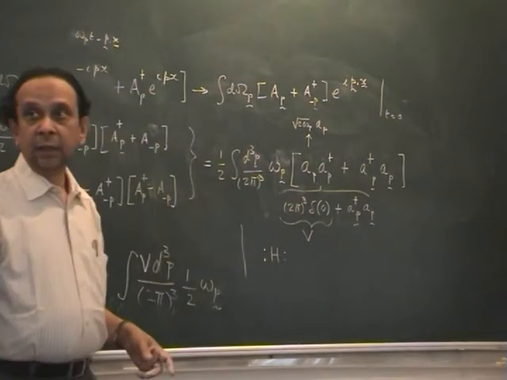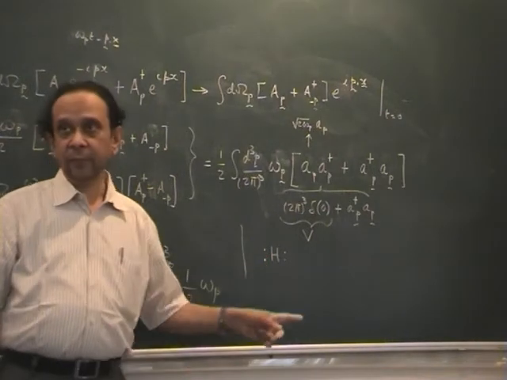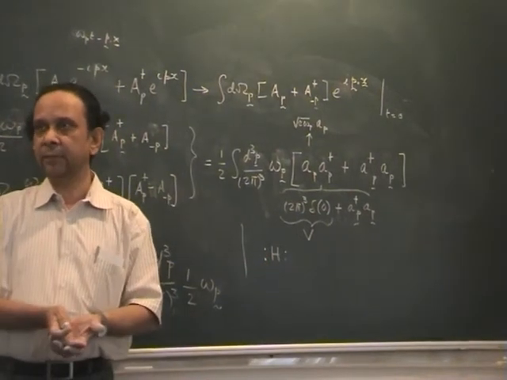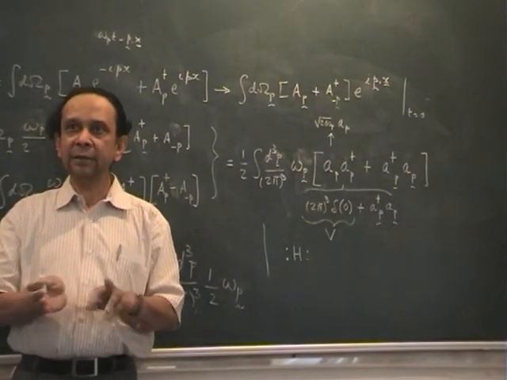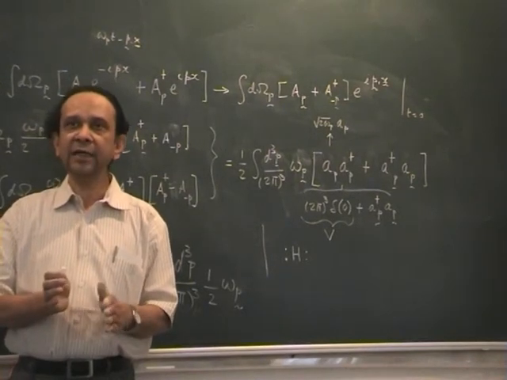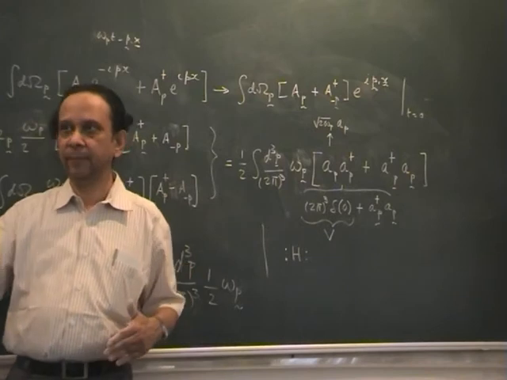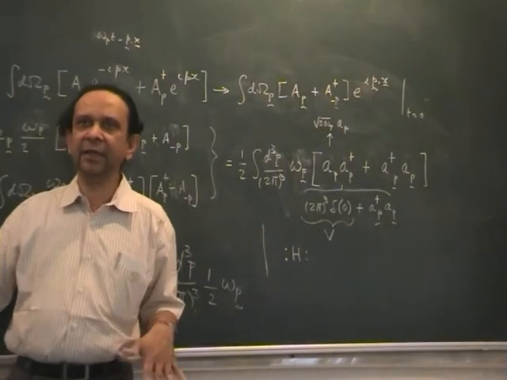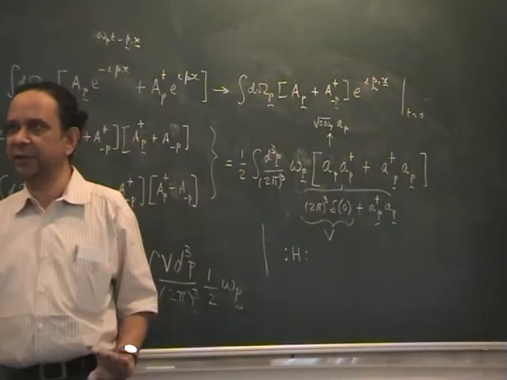This stands for: you take your original expression and quietly flip all the A daggers and A's, so that all the A daggers are to the left of the A's. And don't add or subtract anything, you just take the normal ordered expression.